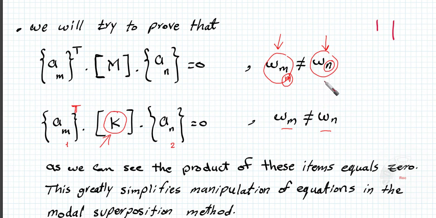Dynamically it is called the circular frequency. Mathematically, we call it the eigenvalue. So it is like we have two faces of the coin, mathematics and dynamics. So here we understand the meaning of this frequency from the mathematical and from the physical side.